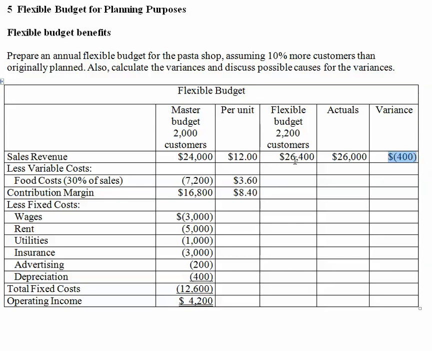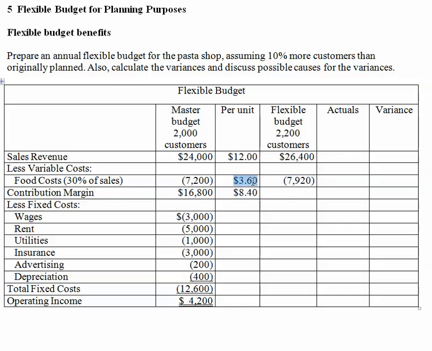You can do this with all of your costs. You would figure out what the flexible amount would be. Given that we had 2,200 customers and it's supposed to be $3.60 per customer, we should have had costs of 7,920.